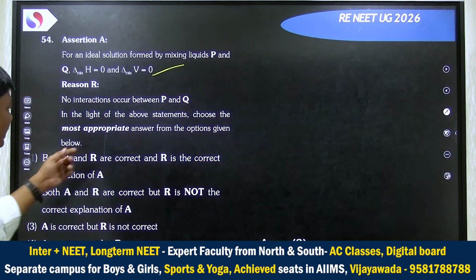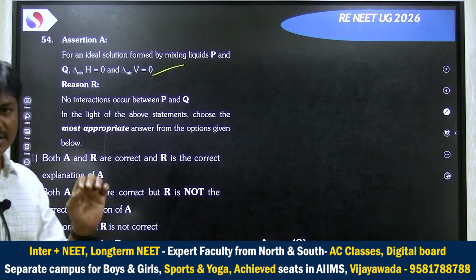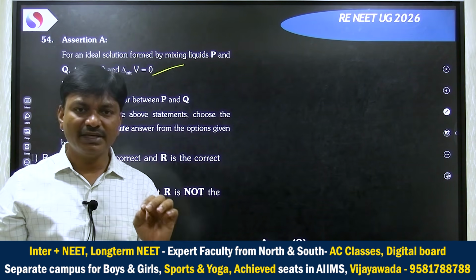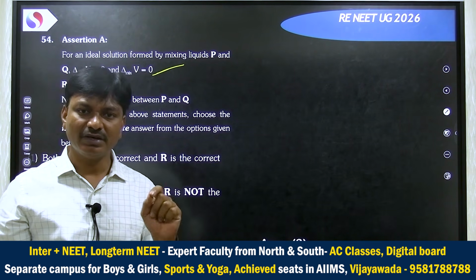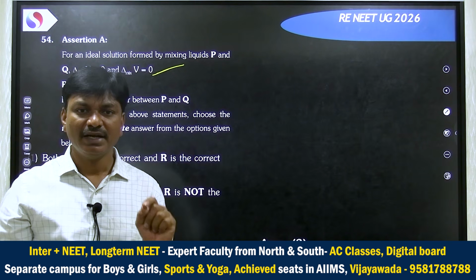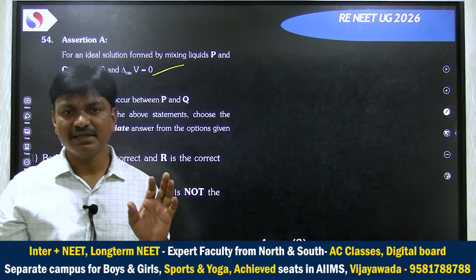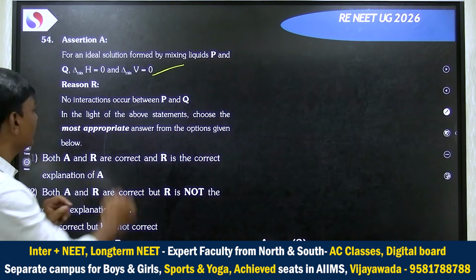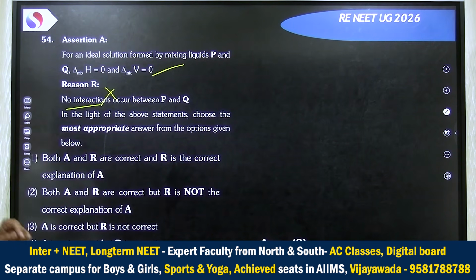Reason: no interactions occur between P and Q. It is wrong because for an ideal solution, solvent-solvent interactions equal solute-solute interactions equal solvent-solute interactions. So an ideal solution has interactions in both liquids, but here it says no interactions. So the reason will be wrong. Only the assertion will be correct. Assertion is correct, but the reason is wrong. So the third one will be the correct option.